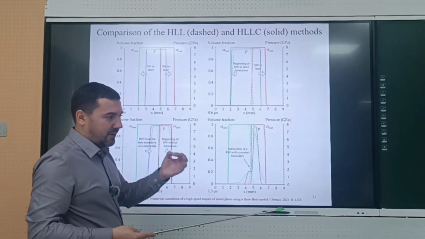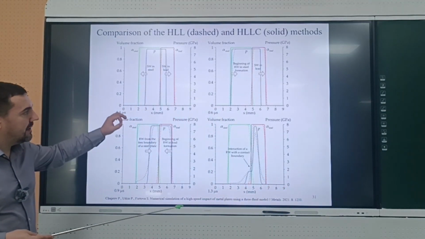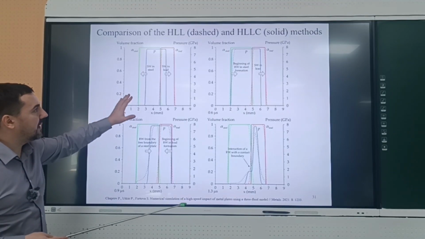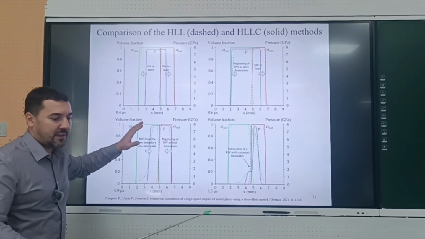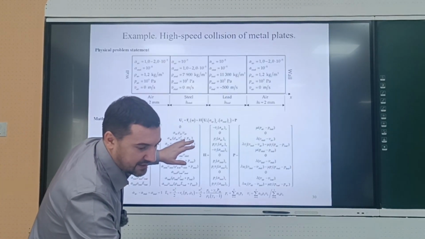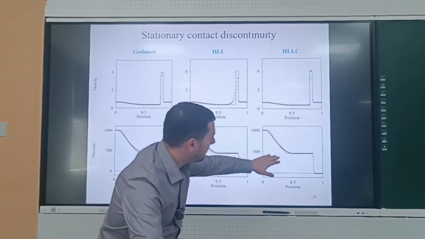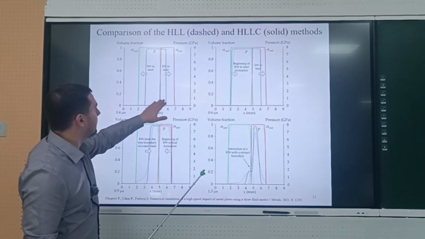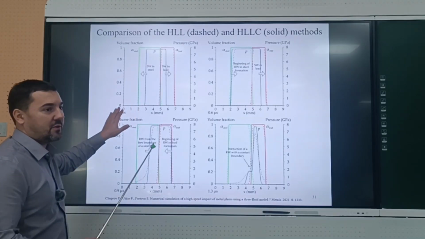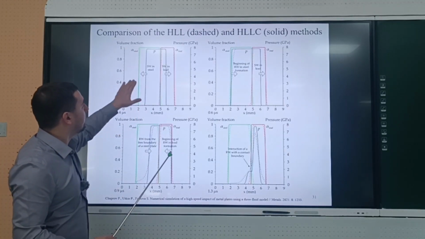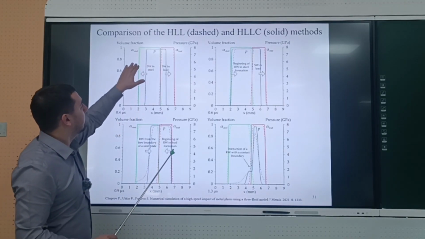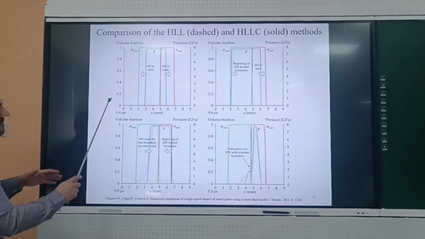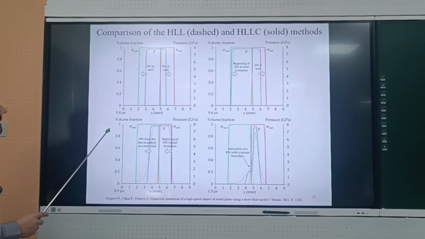Because we will learn a lot of information that can be used for interpretation of results of real problem simulations. So if you know that HLL and HLLC can produce excellent predictions for shock waves, like here, you're not surprised to see that the shock waves are described almost identically using both methods. But at the same time, for all contacts, the simulations using the HLL method suffer from smearing, right? And you can see it here.